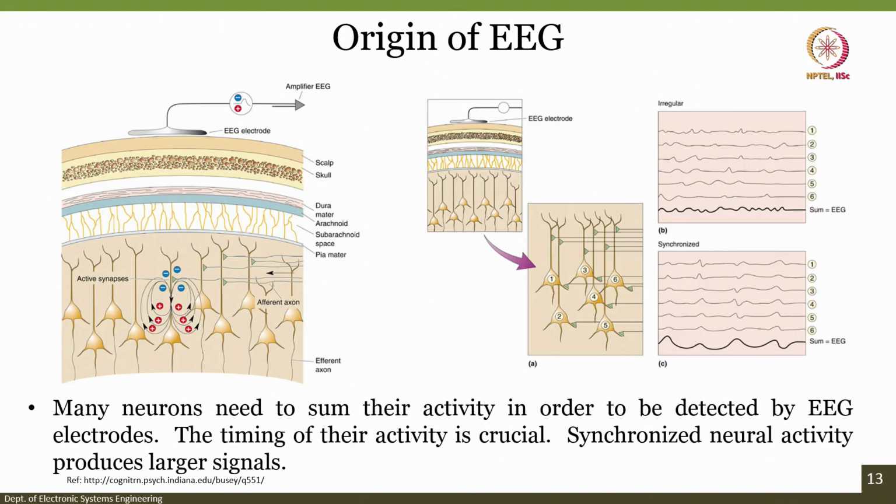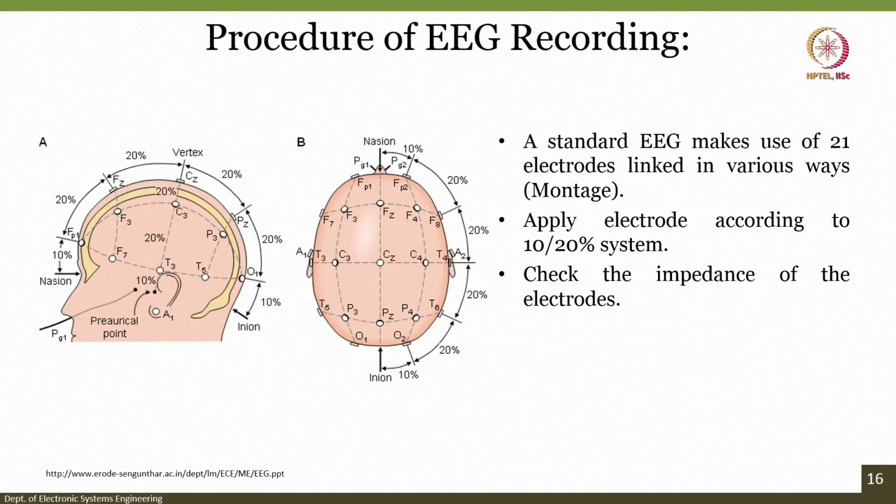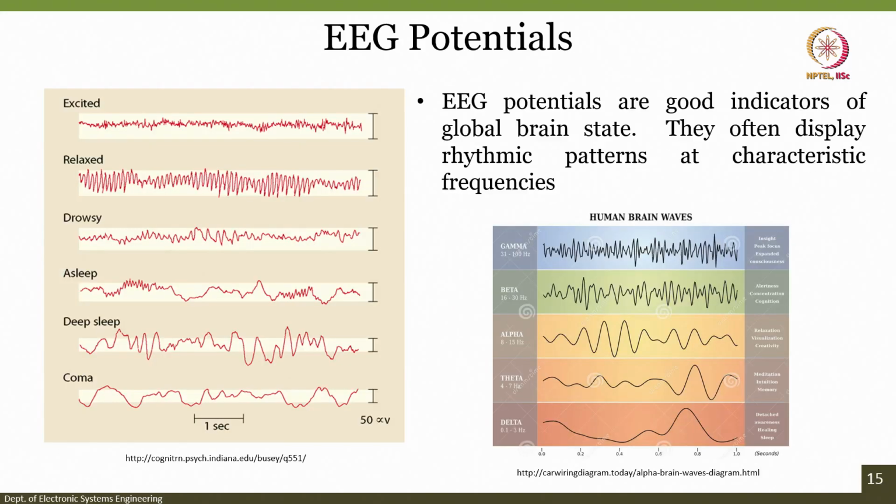So, let us stop here, and we will focus on the applications next: what the brain waves are, how we can use these brain waves for EEG potentials, and what the procedures of EEG recording are, and so on in the next class.